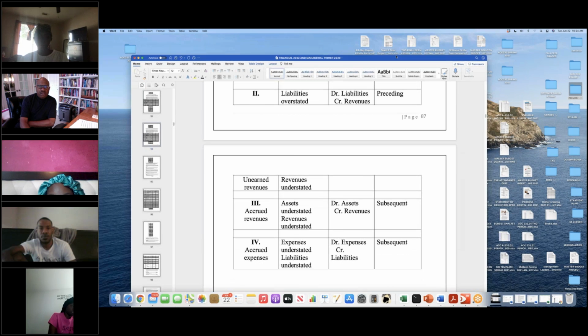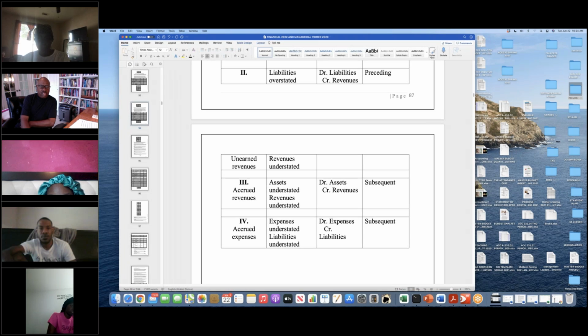And then we have accrued expenses, where expenses are incurred before we pay for them.